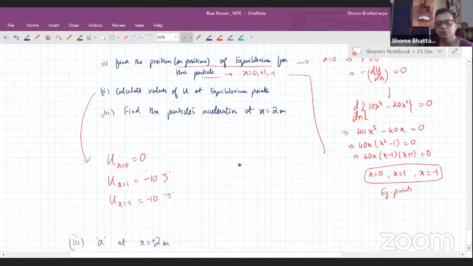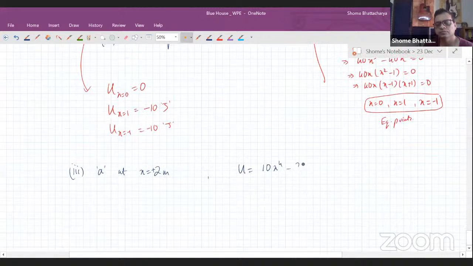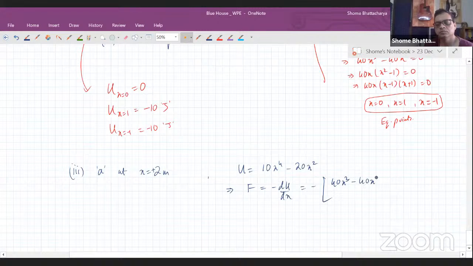So we can see that the potential energy means that the force, you can write that as 40x minus 40x cube. This is the value of force.